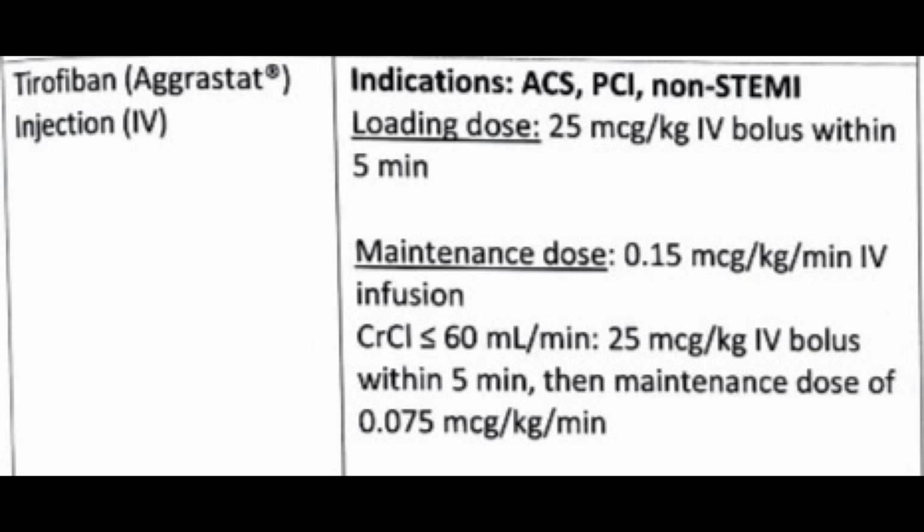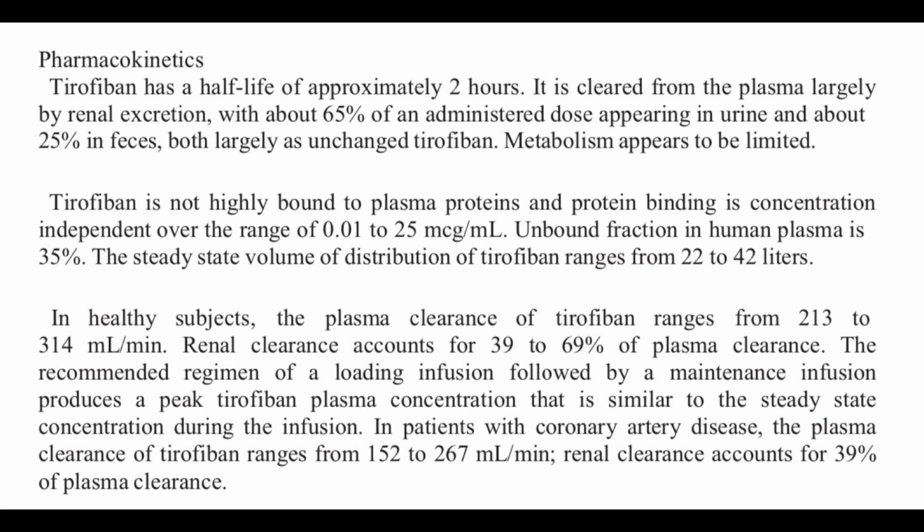If it's less than or equal to 60, you're going to do 0.075 micrograms per kilogram per minute after that bolus of 25 micrograms per kilogram. This is only used whenever the patient has an ACS or PCI or non-STEMI dosing. You want to avoid Aggrastat in patients who are undergoing renal dialysis.